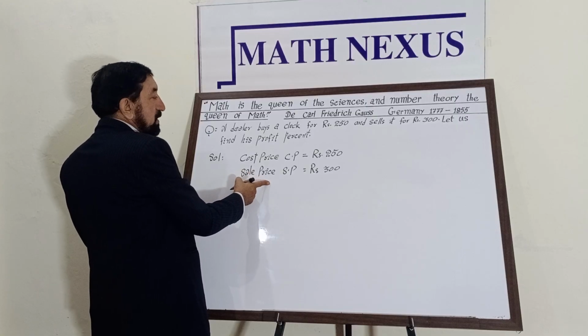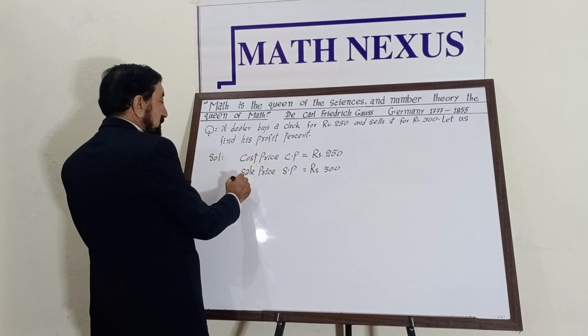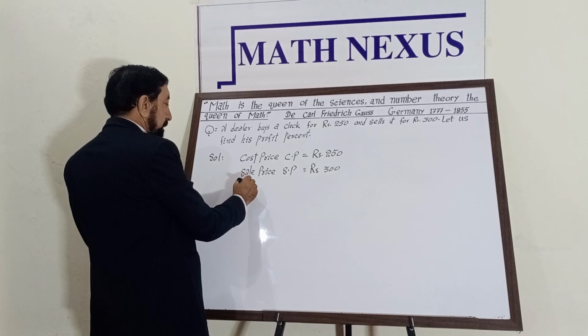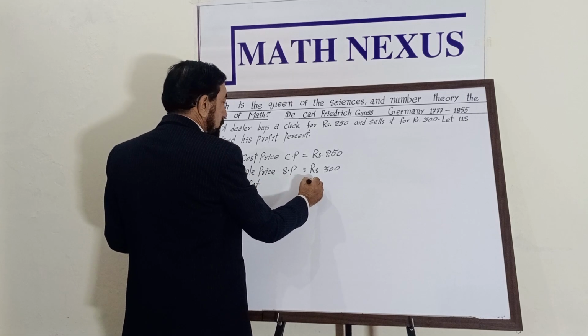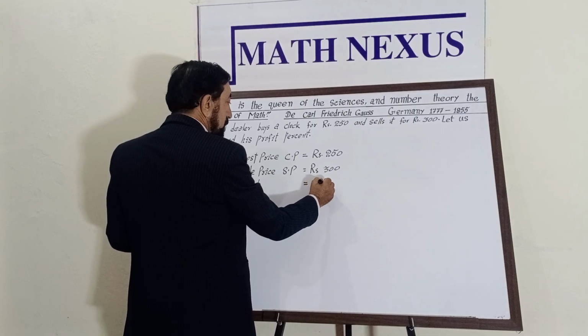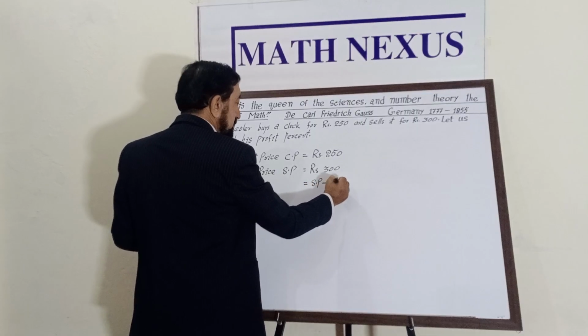Sale price is greater than cost price. This is profit. Profit is equal to sale price minus cost price.